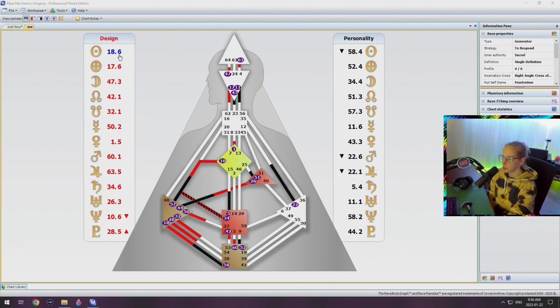The reason why there's a difference in coloring is because of the timing of when that information was captured. This information on the left-hand side was captured 88, 89 degrees before you were born. So that means about 89 to 90 days.